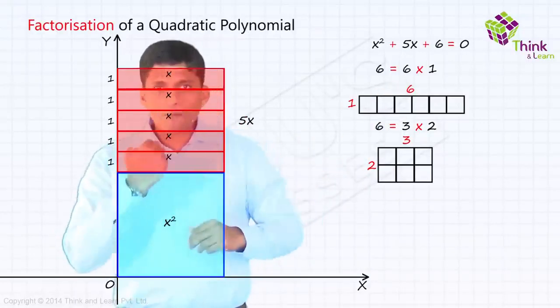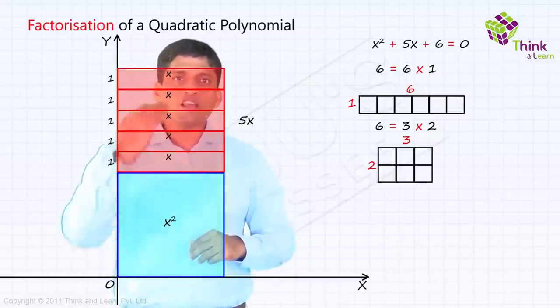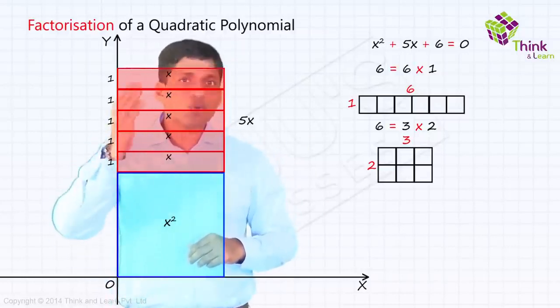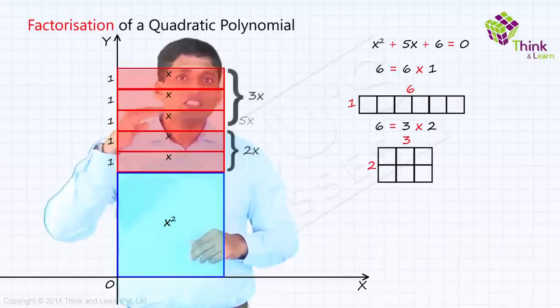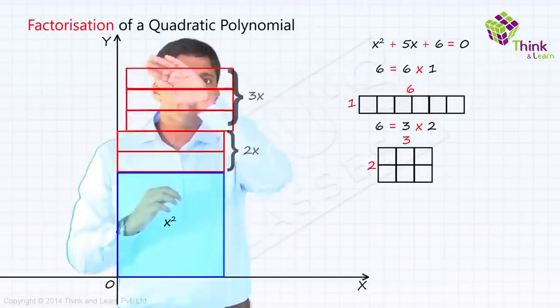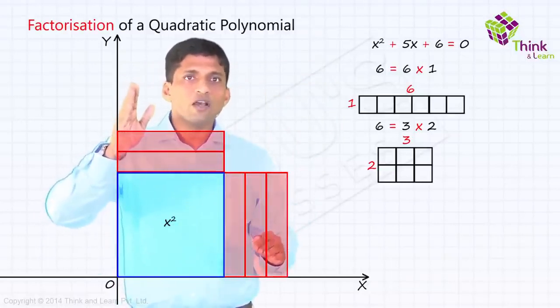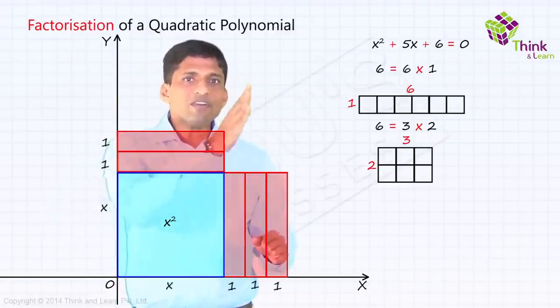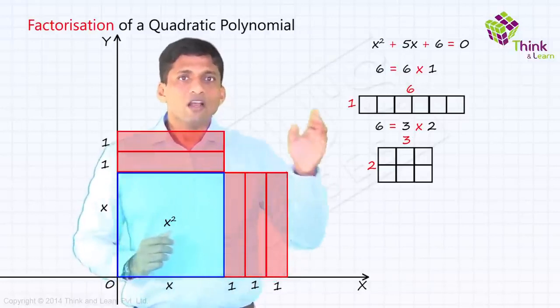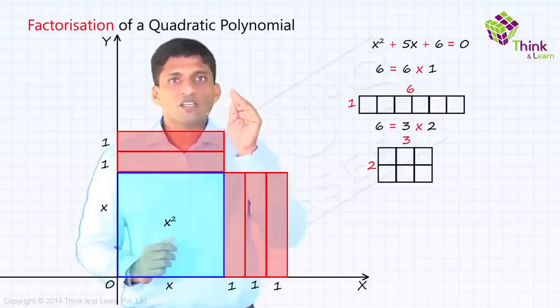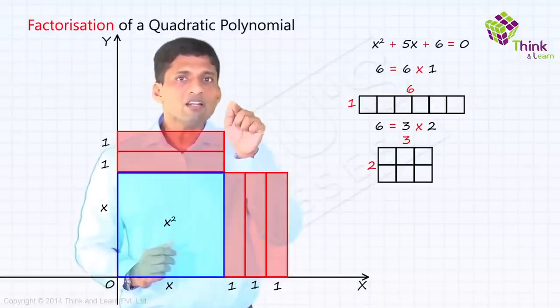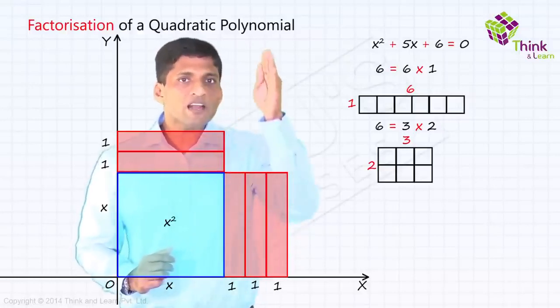So now coming back to this area x square plus 5x, this 5x you can split as 3x and 2x. So I'll bring this 3x down here, and 2x is left on top. Now this rectangle will get completed when, what is the remaining region here? That rectangle is with length 3 and breadth 2.